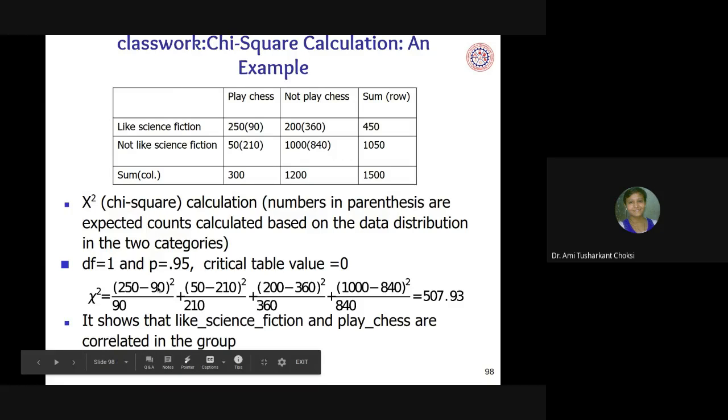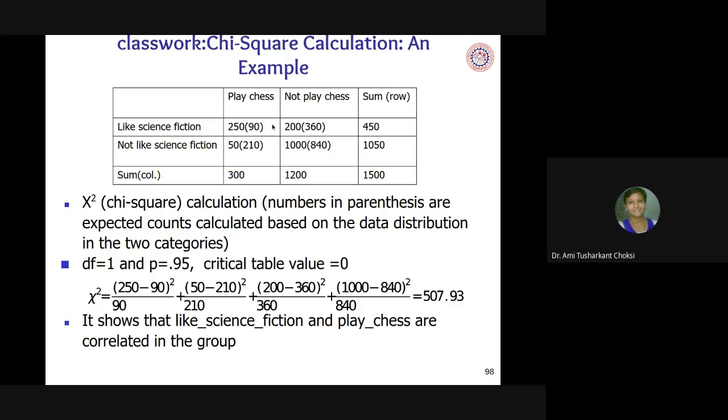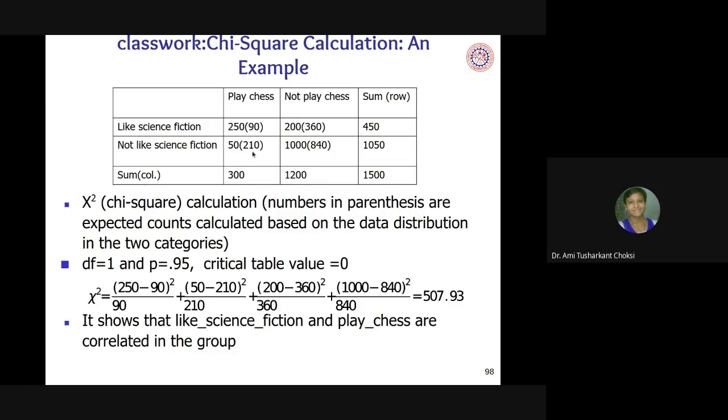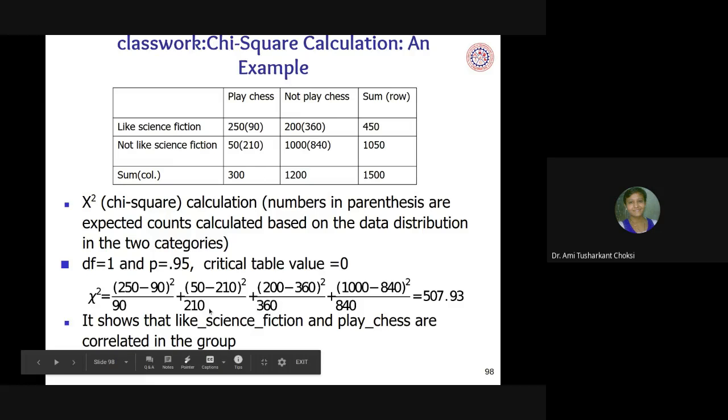O minus E whole square. 250 minus 90 whole square upon E, that is 90. Then plus 50 minus 200 whole square upon 210.